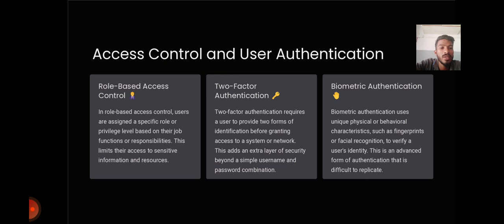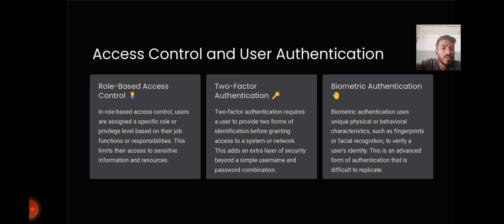Two-factor authentication. Two-factor authentication requires a user to provide two forms of identification before granting access to a system or a network. This adds an extra layer of security beyond a simple username and password combination.